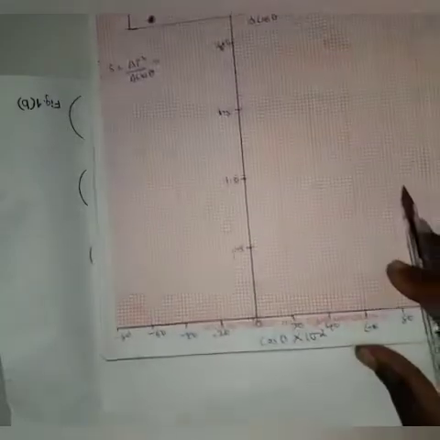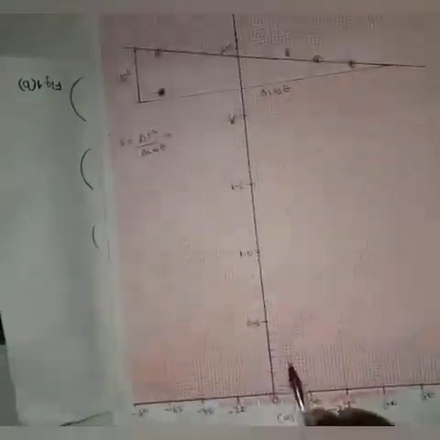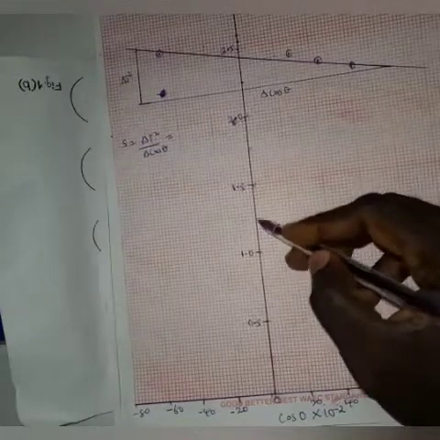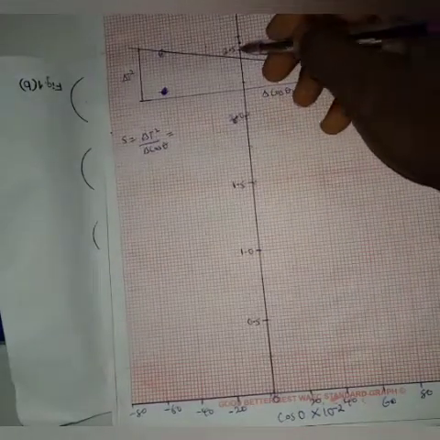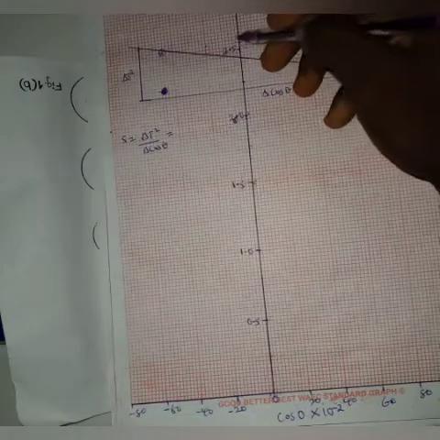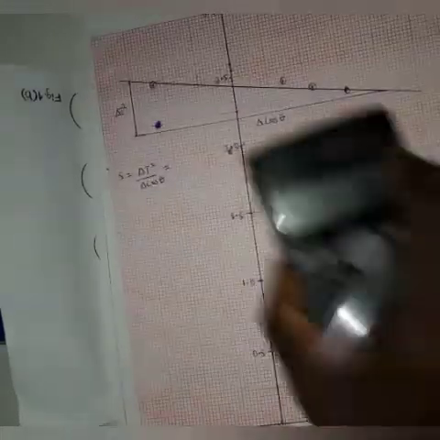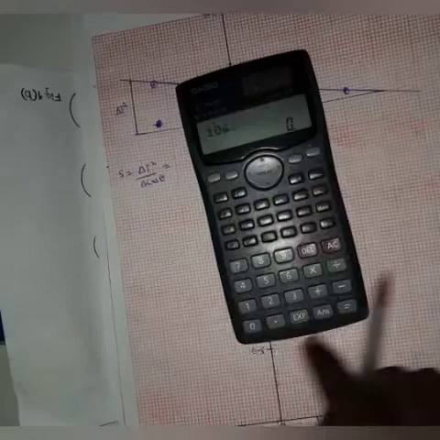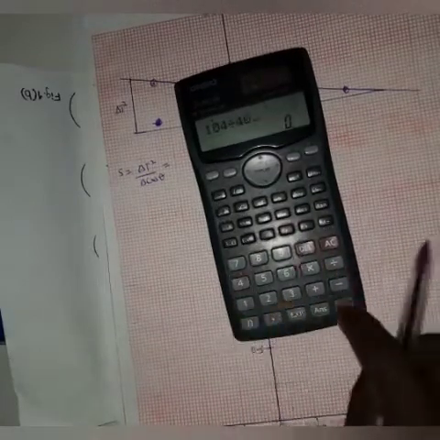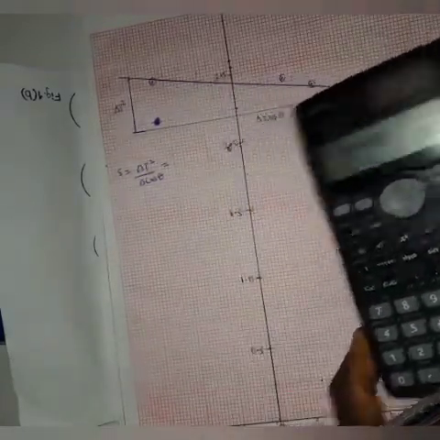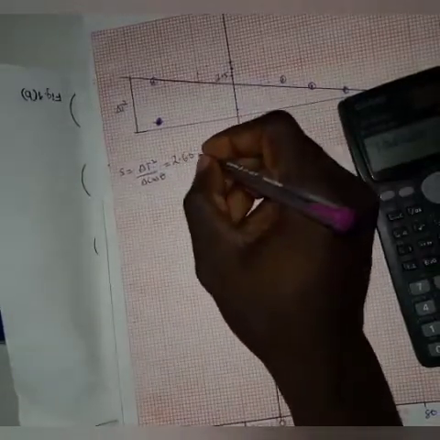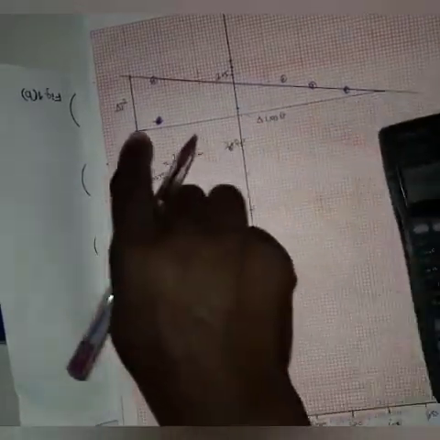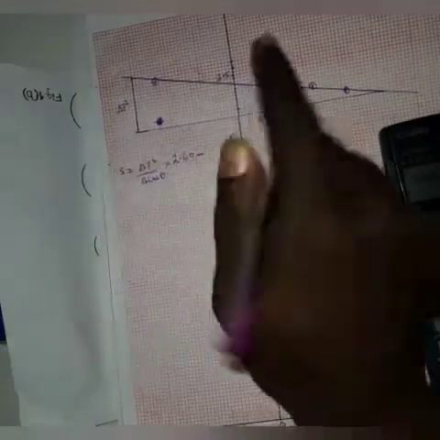So I'm going to have 10, 20, 30, 40, 50, 60, 70, 80, 90, 100, 101, 102, 103, 104. So I'm going to have 104 divided by 40 this time around. So that gives me 2.6. So I have 2.60 minus, so I'm going to read this value down here off.